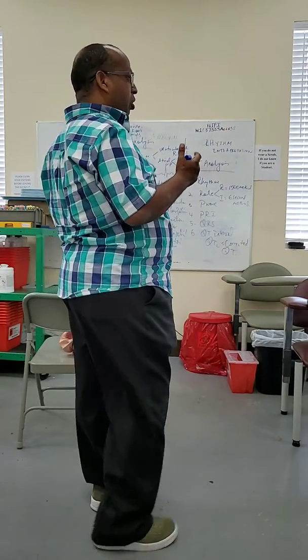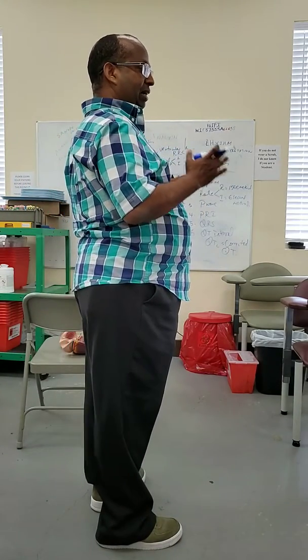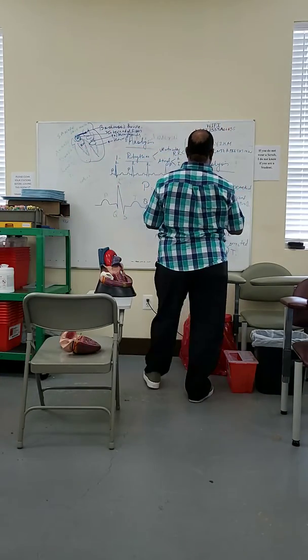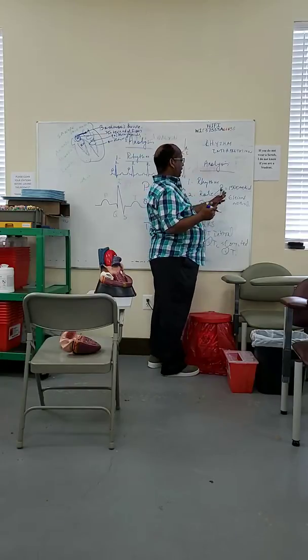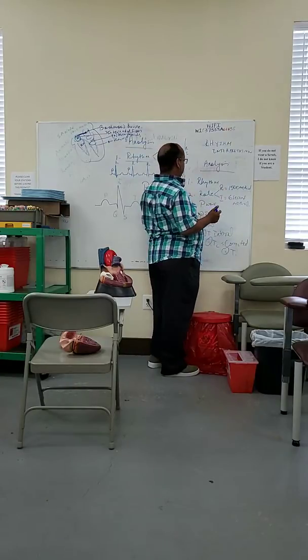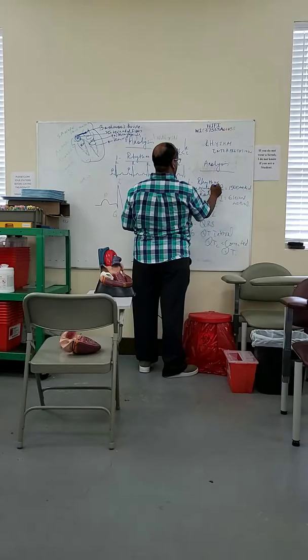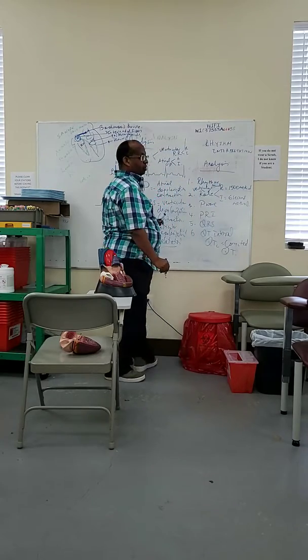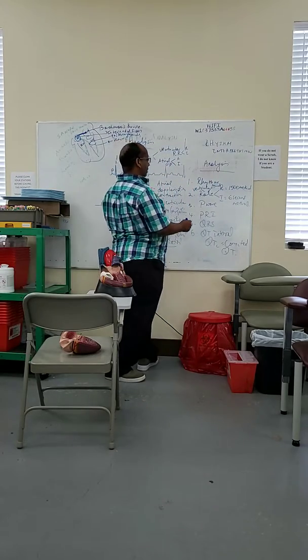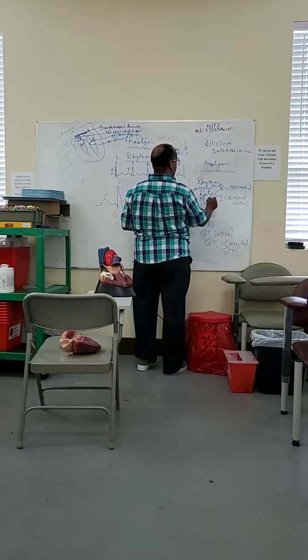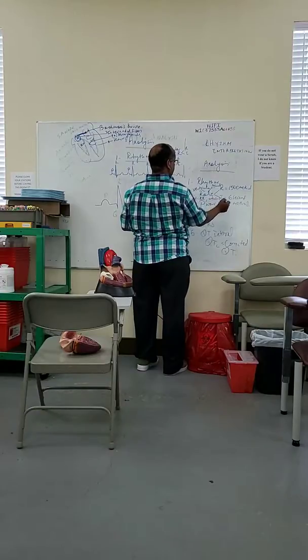The number of little boxes between RR, where you do ventricular, and between PP, where you do atrial rate, and then divide through 1500. So a rate can be ventricular, or it can be atrial. Right. So when you do ventricular rate, then take the little boxes between RR. When you do atrial, do what? The PP.